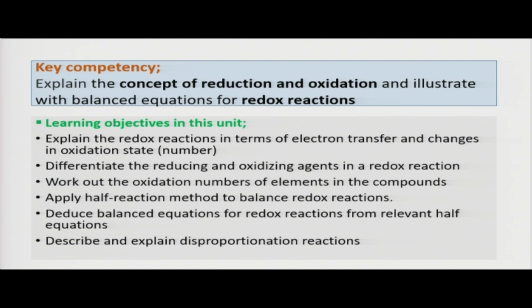Then we end up with the disproportionation reactions.